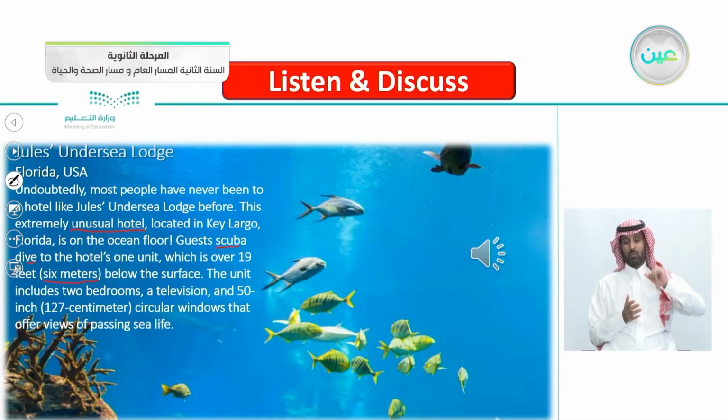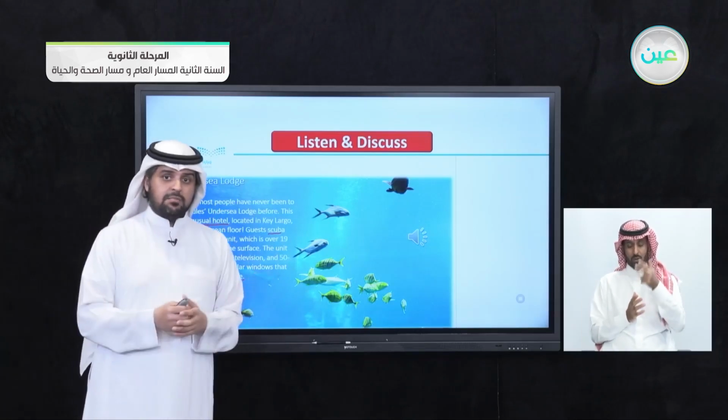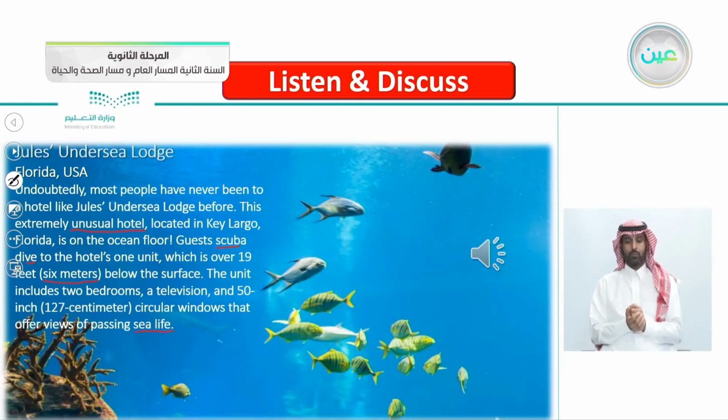The unit includes 2 bedrooms, a television, and 50-inch circular windows that offer views of passing sea life. So through the window, you can see the sea life, the fishes, maybe the whales, why not? Does this hotel interest you?